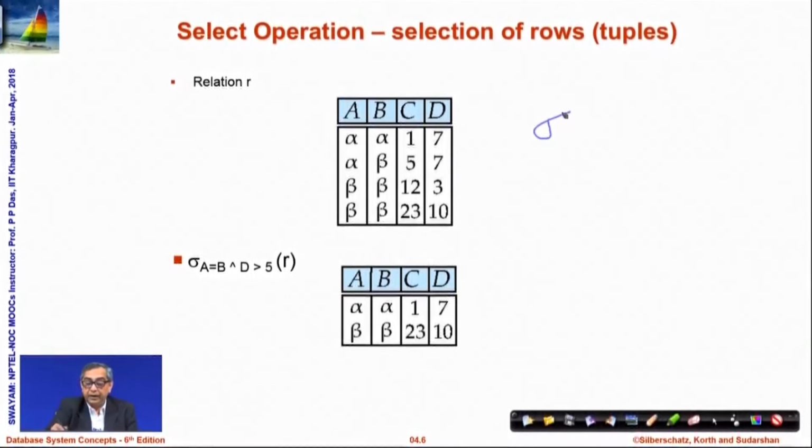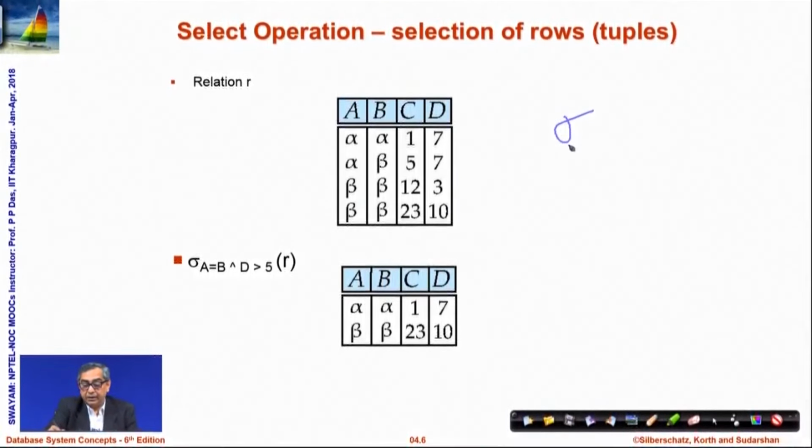I can have a selection saying R where C is greater than 0. Naturally, this will satisfy, this will satisfy, this will satisfy, this will satisfy. So, this whole relation would be the result of the selection. It is not necessary that some rows will get eliminated in the result.